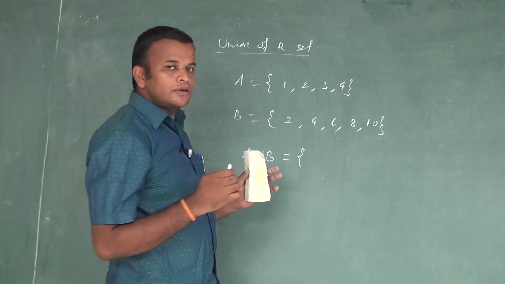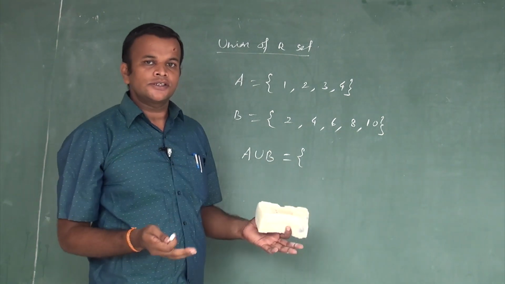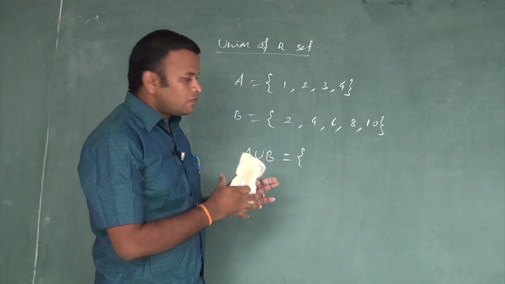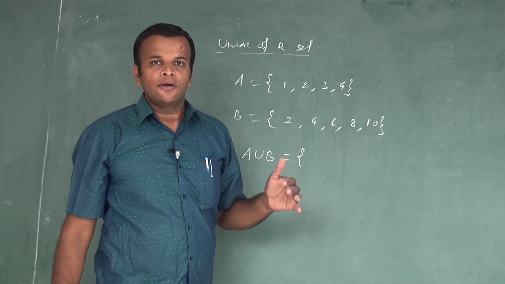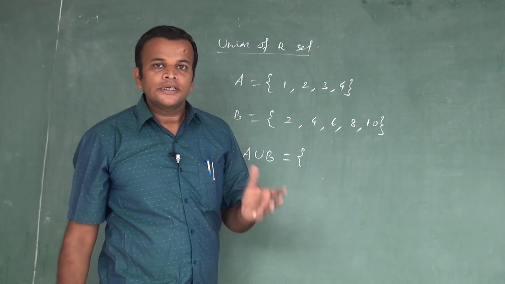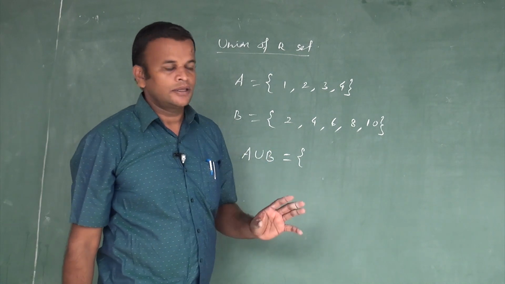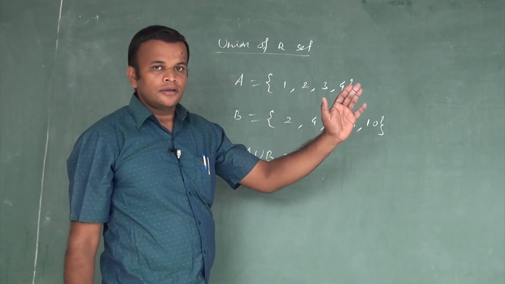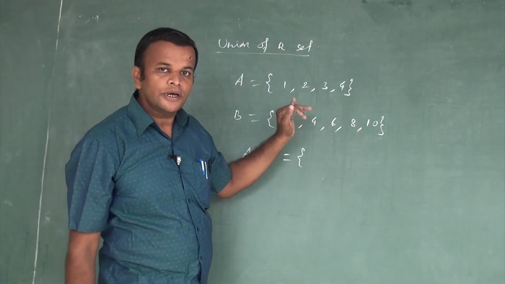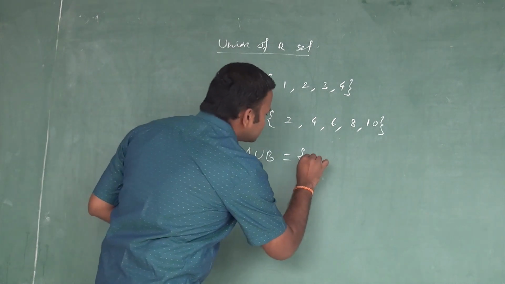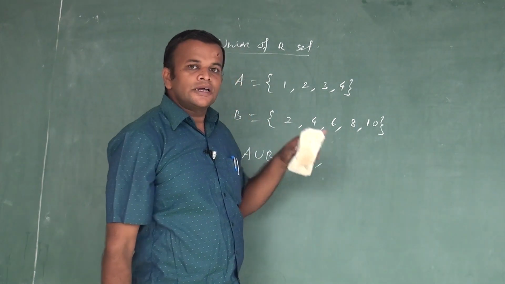What is the working rule to find the union of any two sets? In union we write all the elements contained in both A and B, but repetition of an element does not occur. We write in ascending order. What is the least number in both sets A and B? The least number is 1, so first we write 1, and the next number is 2.